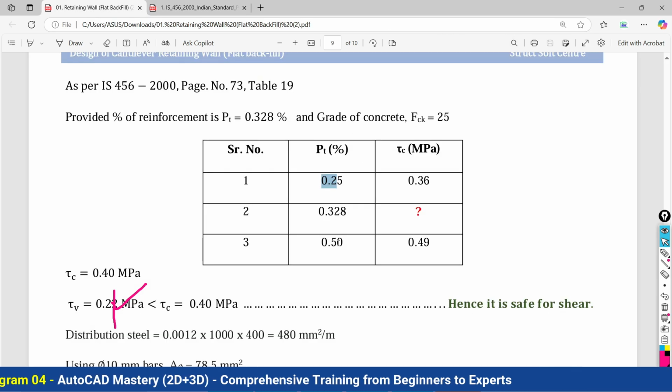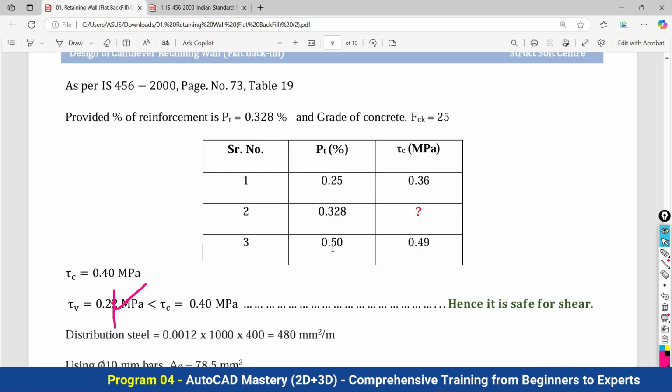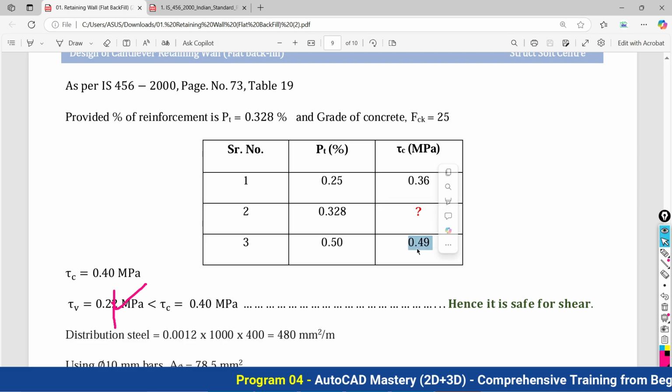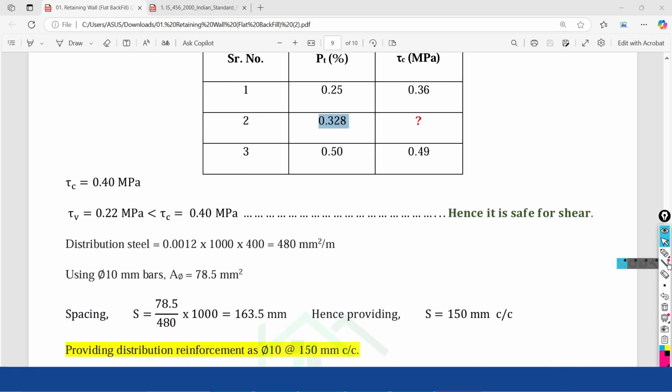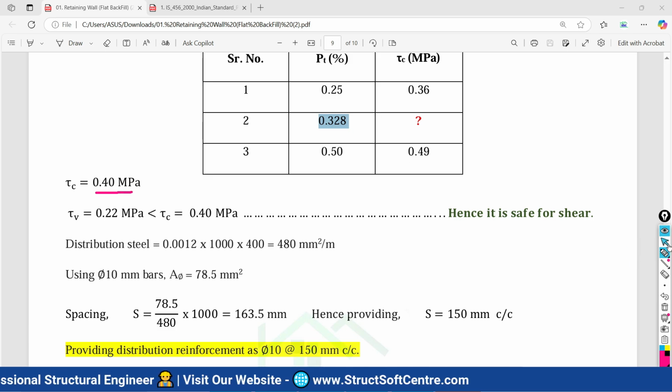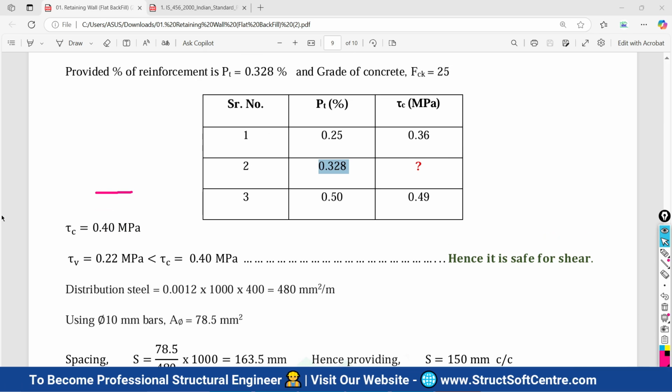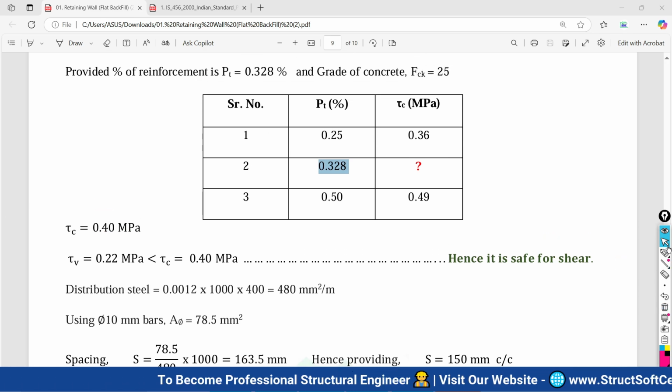Now our intention is to calculate the value of tau c for 0.328. After doing the linear interpolation, you will come to know the critical shear capacity, tau c, is 0.4 MPa.